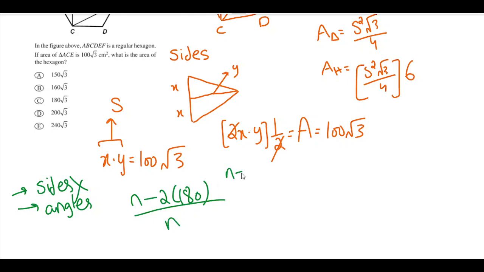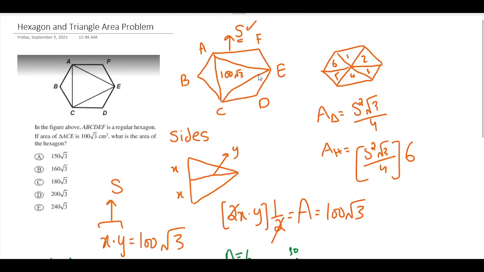Since n over here is 6, if you simplify, you get 4 times 180 over 6, and what's this gonna be? 120. So every internal angle is 120. So far, so good. But again, is this giving me any type of relationship so that eventually I can get to my S value? Not exactly.